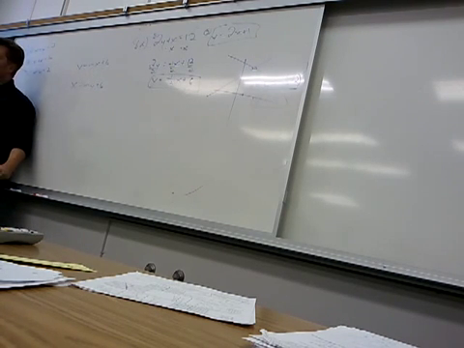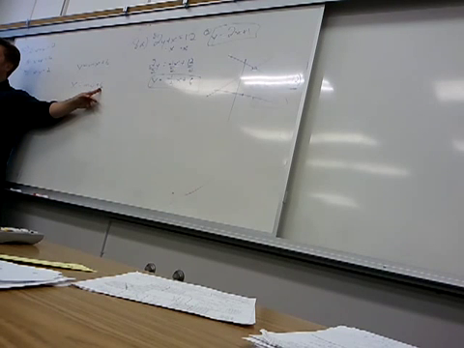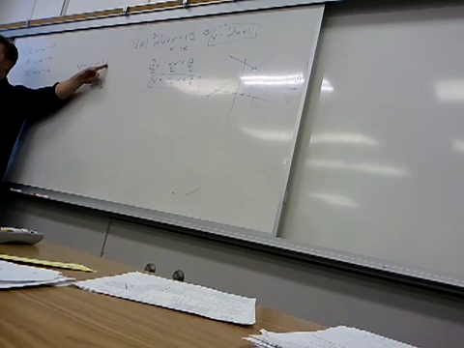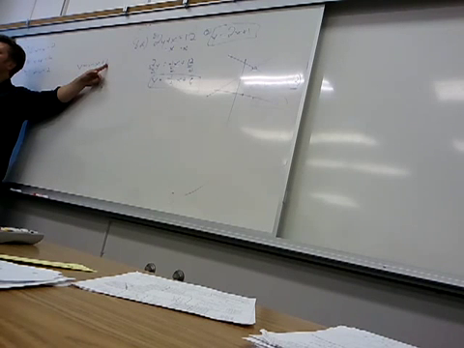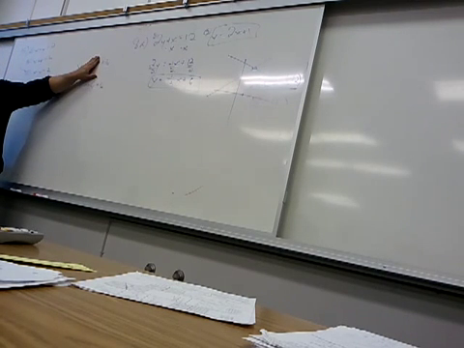But can anybody tell me what that would be now? It's not the same as it was up here. Why not? Because why is this the y-intercept? How do you find the y-intercept? You make x 0, and what do you get? y equals b.